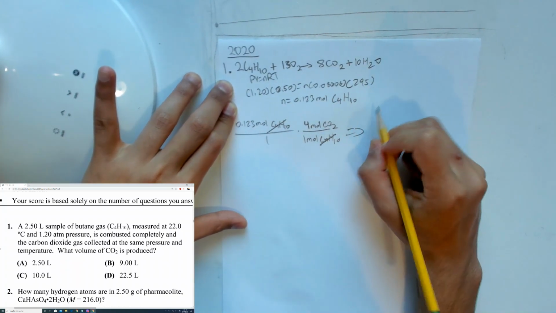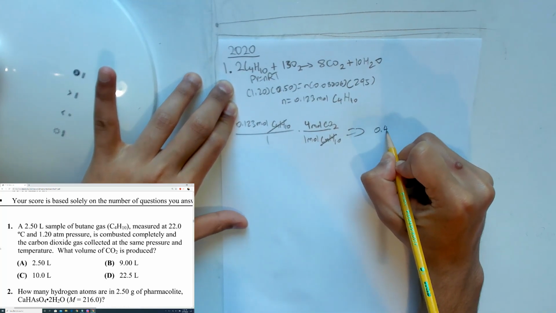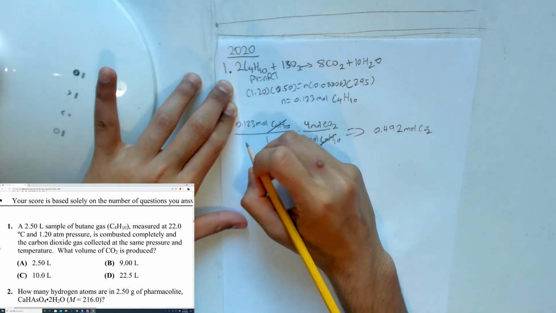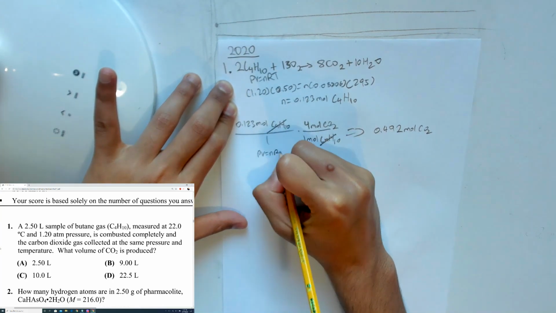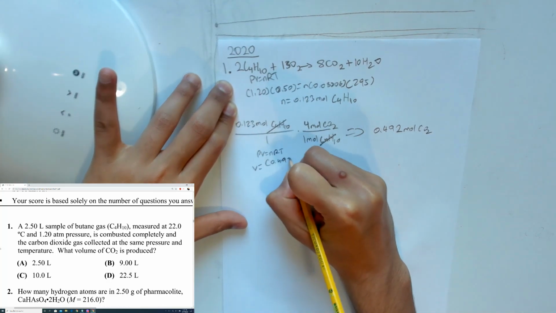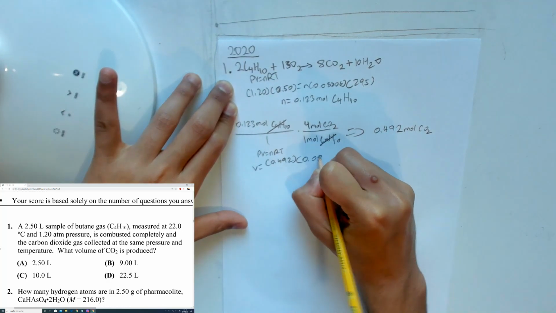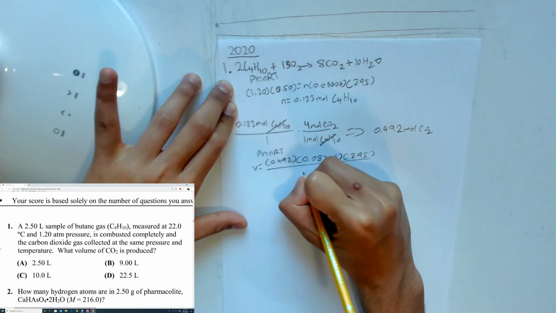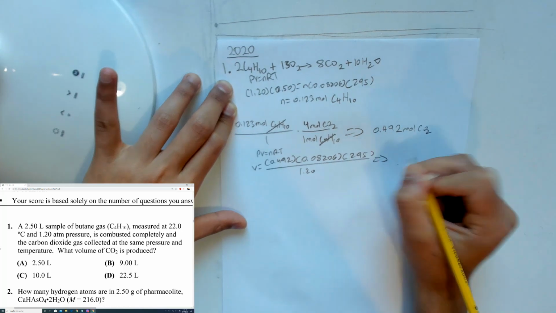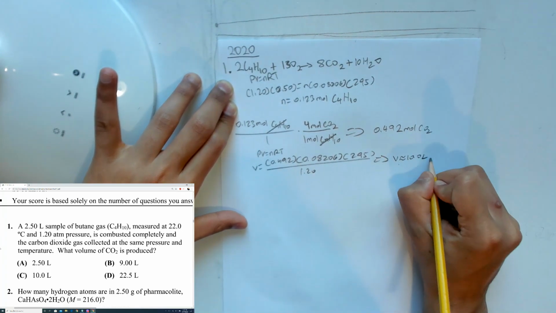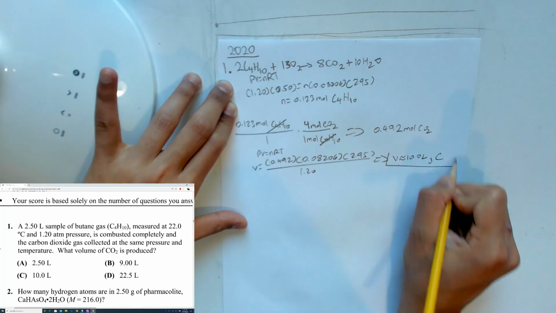That gives you 0.492 moles of carbon dioxide. And then we just use PV equals nRT again, solving for the volume, and we plug in our numbers. We get the volume will equal around 10 liters, which is our answer, and that's C.